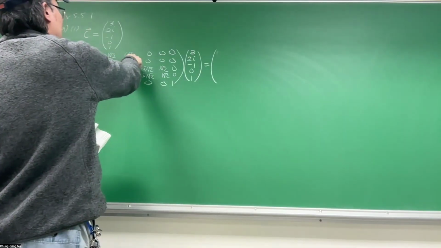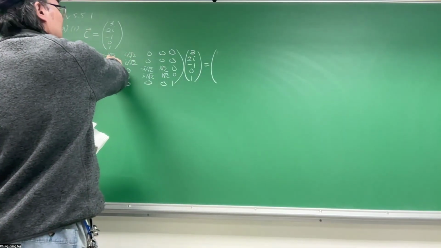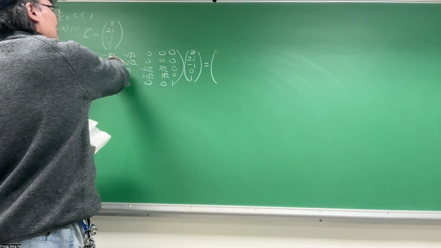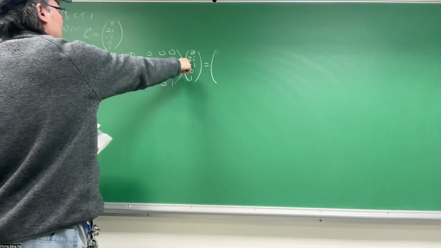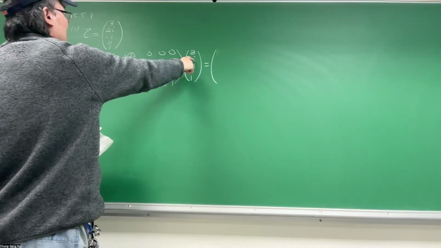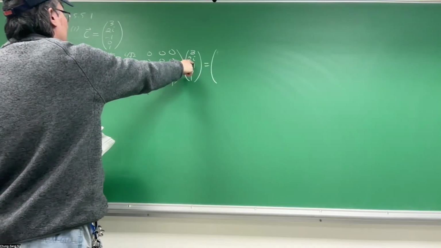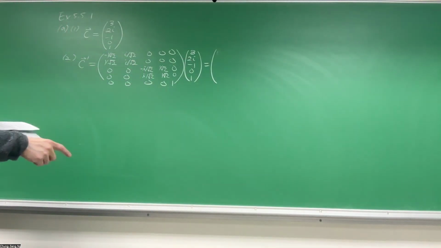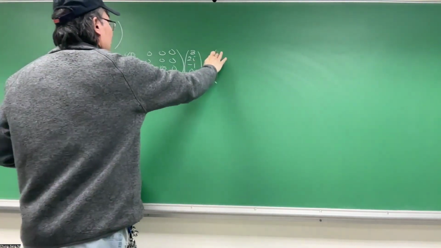But only have two terms. This times this. -3 divided by square root of 2. And then your item i's is -1. So -1 -2 divided by square root of 2. So 5, right? -5.